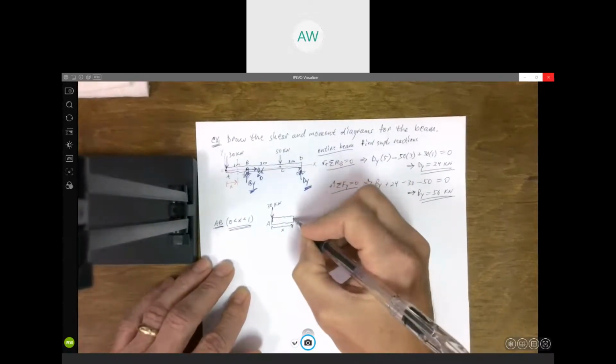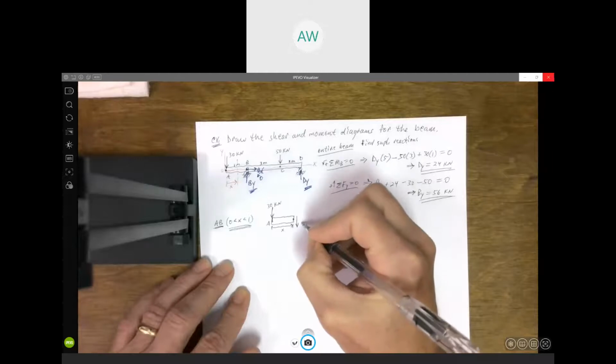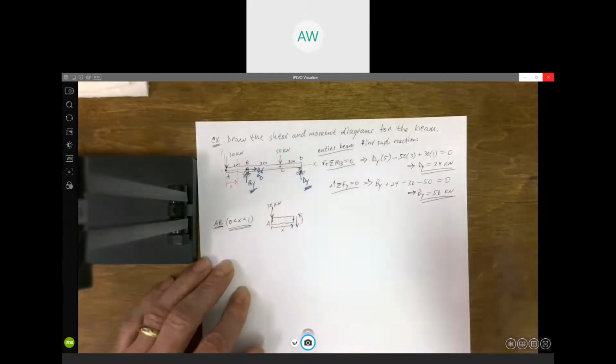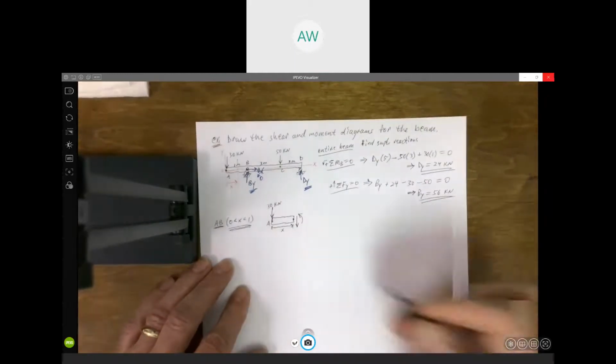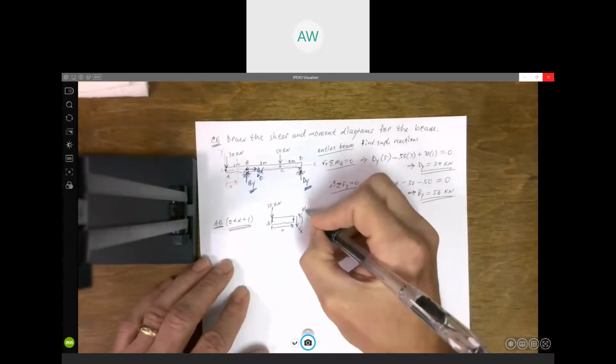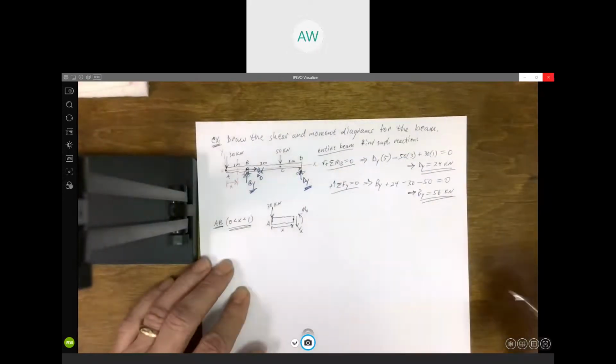And at that cross section, we want to find what's the internal shear force and bending moment at that arbitrary cross section. So I'm going to call this, let's say, Vx and Mx, a little subscript, just indicating that's the shear force V and moment M at this arbitrary location x.